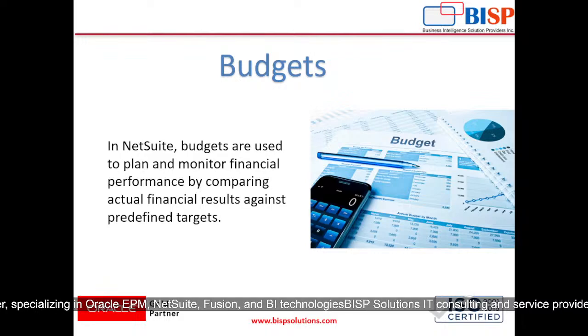Then some key concepts regarding budgets are budget categories, which include department budgets, project budgets, and company-wide budgets. Budget records contain the budgeted amount for specific accounts and periods. They can be created manually or imported from external files.